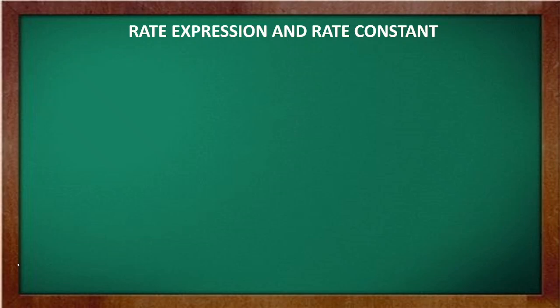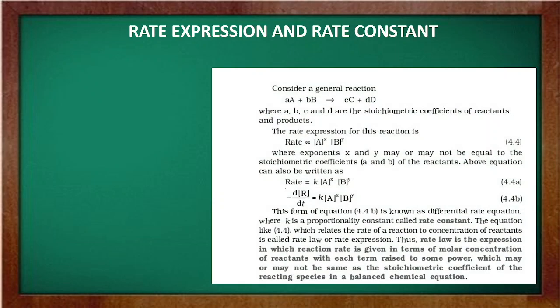Let's start. First of all, a general reaction is considered: aA plus bB changing to cC plus dD, where a, b, c and d are the stoichiometric coefficients of the reactants and products.